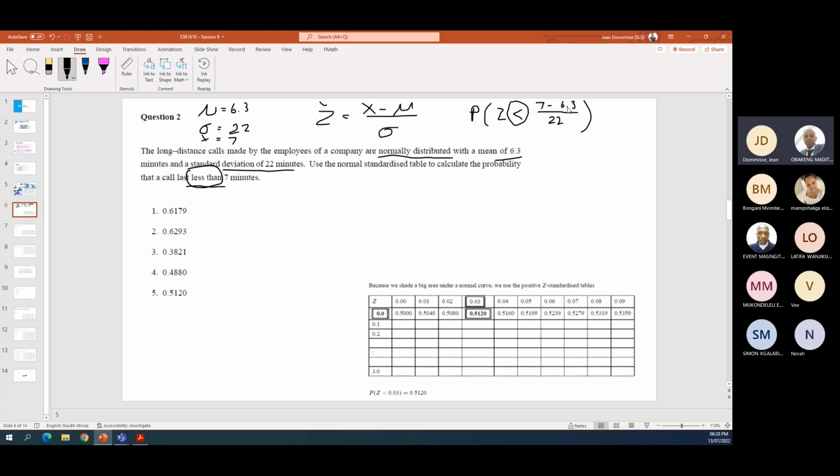We've got the 7, we've got the 6.3, standard deviation 22. Okay, so Z smaller than, 7 minus 6.3 is 0.7. 0.7 divided by 22.